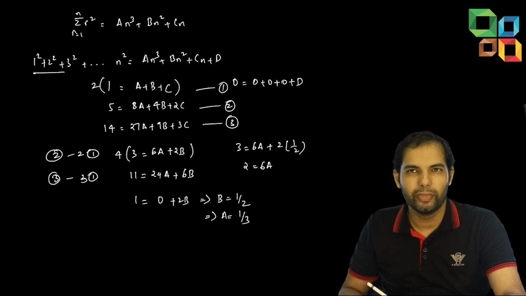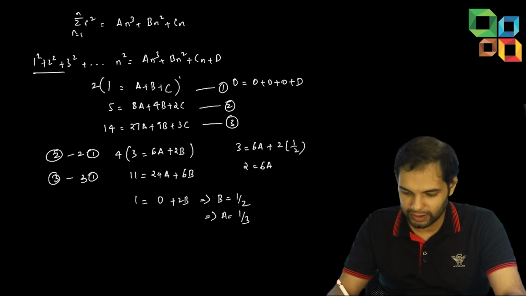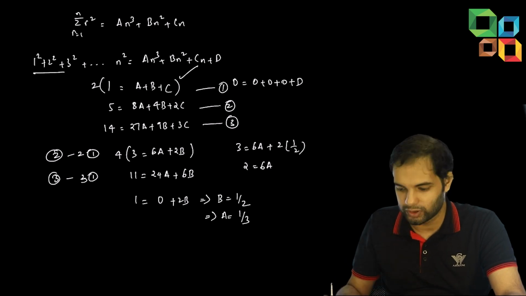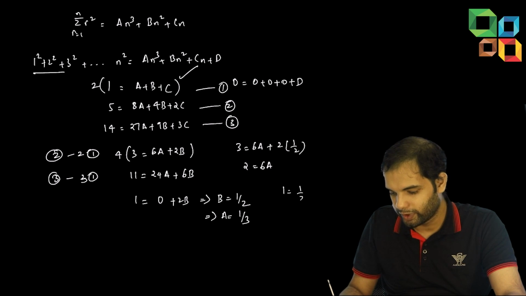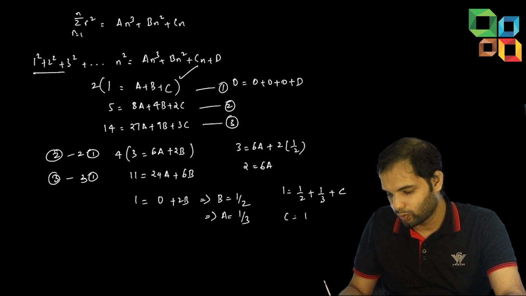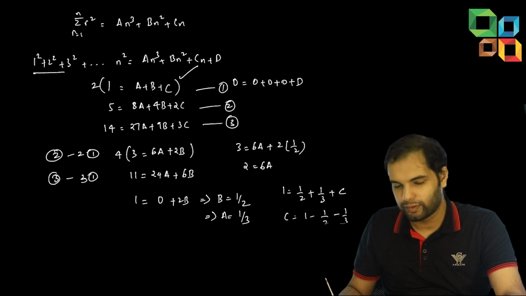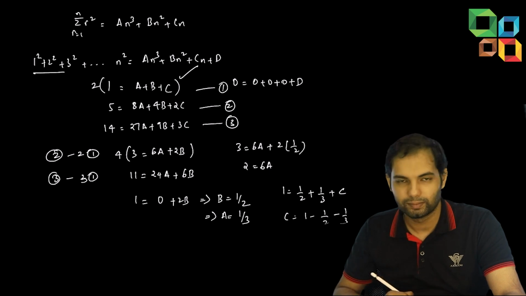I got a, I got b, I'll get c. I can use this equation, whichever is simpler. So 1 is equal to 1 by 3 plus 1 by 2 plus c. So c is nothing but 1 minus 1 by 2 minus 1 by 3. 1 minus 1 by 2 is anyhow half. Half minus 1 by 3 is 1 by 6.